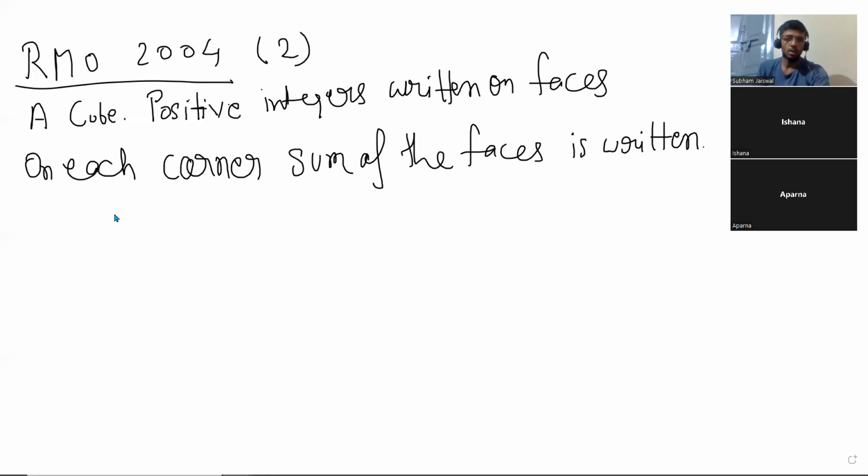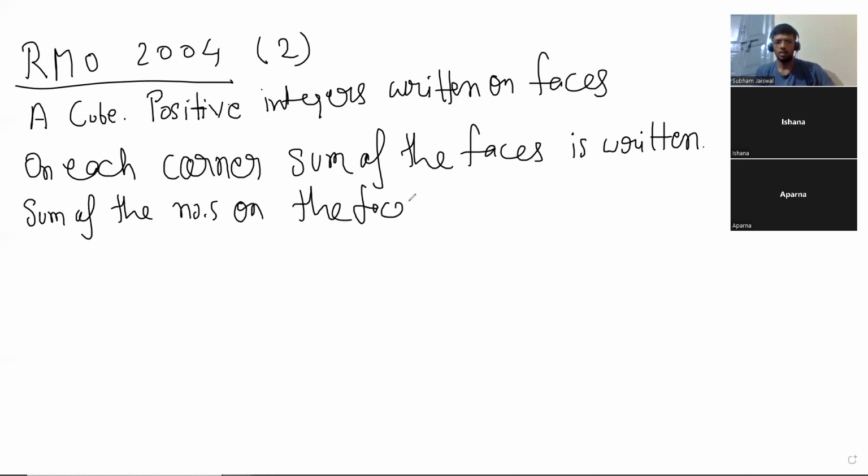And that total is 2004. Sum of the numbers on the faces, no, not on the faces, right? The corners. On the corners, 2004.